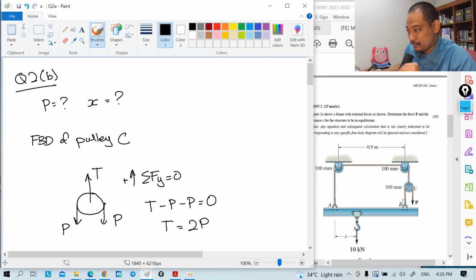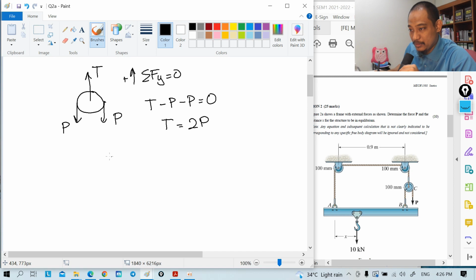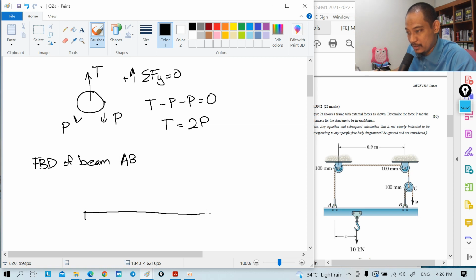Right, and because this T, we know this is the same cable until point A, so now we can draw the free body diagram of the beam. Okay, so now free body diagram of beam AB, basically AB plus there, but let's name it there. So we have this beam.